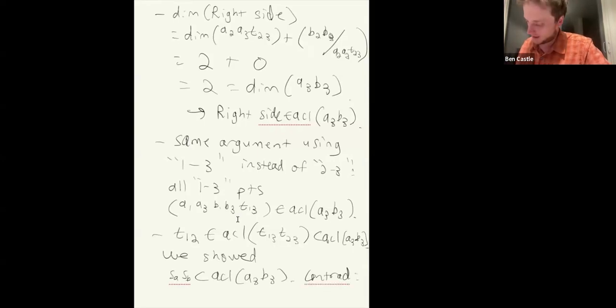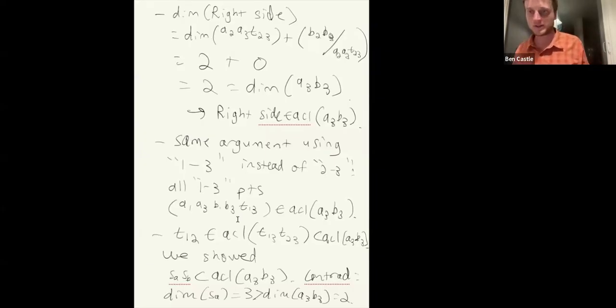Why is it a contradiction? Because the dimension of SA is 3. It's a composition configuration, so it has a dimension of 3. And that's bigger than the dimension of A3, B3. So a two-dimensional tuple can't see a three-dimensional tuple.